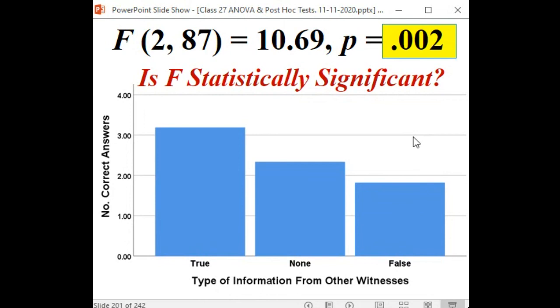Second, we know that F is significant because P is 0.002, which is less than 0.05. And as we learned earlier, the easiest and surest way to decide if F is significant is to just look at P.